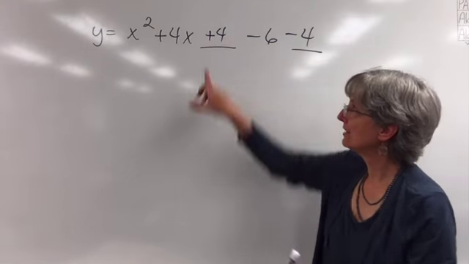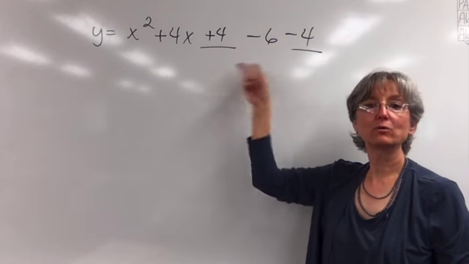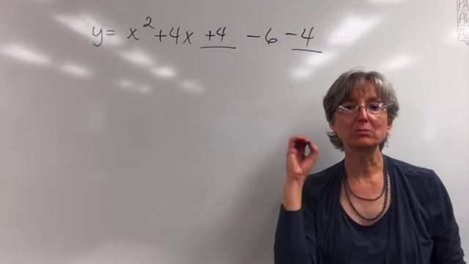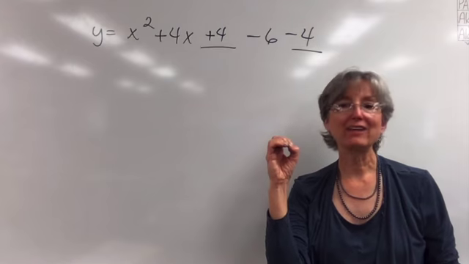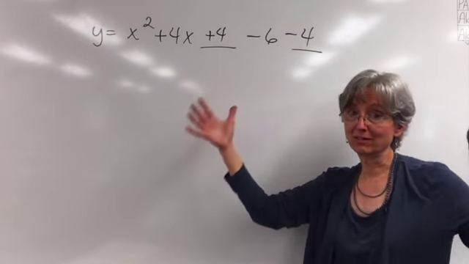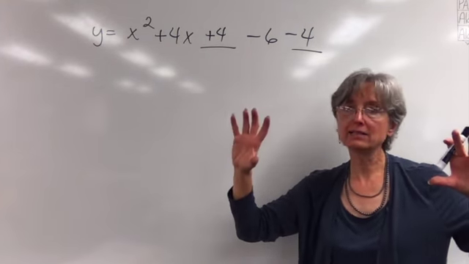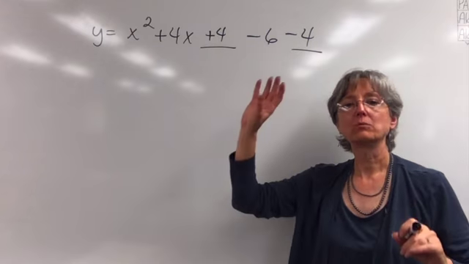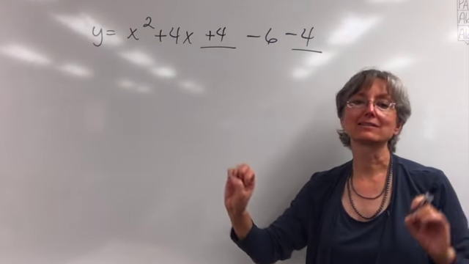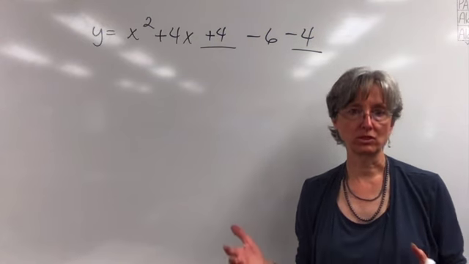If I added 4 here and subtracted 4 here, the net result is that I have added a big 0. I have not changed this side at all. So this is what I need to do. Instead of adding the same amount to both sides, I'm going to add and subtract the same amount from the same side so that my net result is 0.